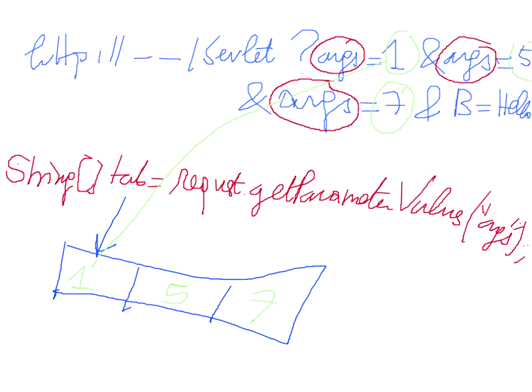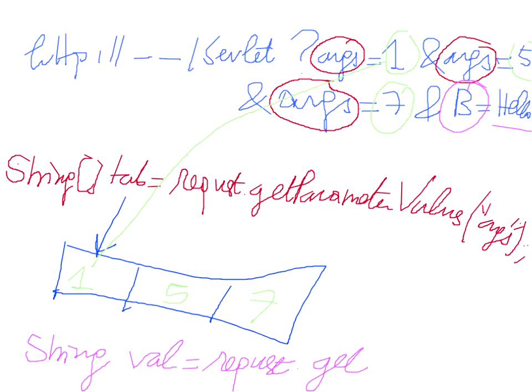If we have only one argument like this, one argument B with hello, we can write String val equal request.getParameter, with the name B. So what is the value of val?